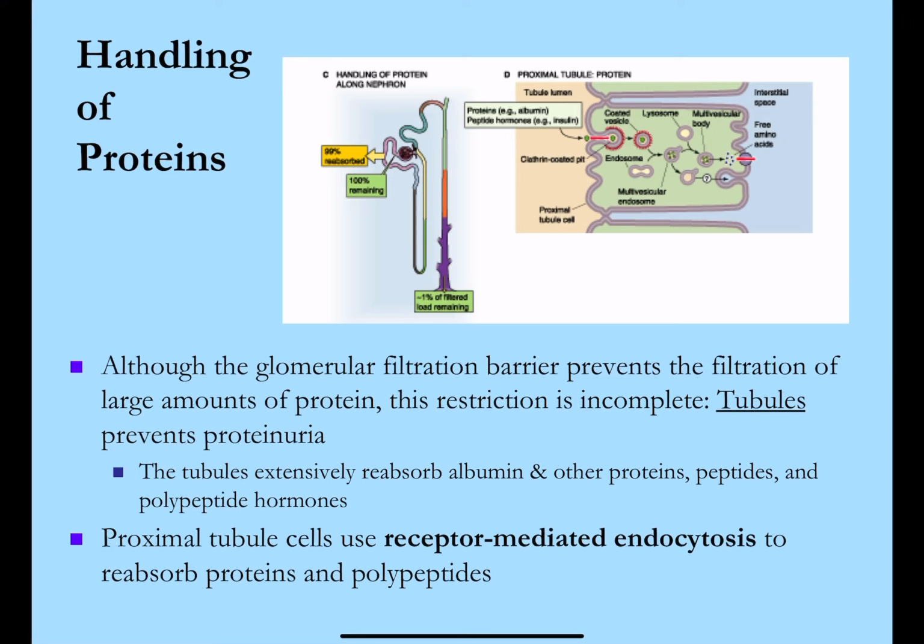And I wanted to underline it one more time, right? Although the glomerular filtration barrier prevents the filtration of large amounts of protein, this restriction is not complete, right? The tubules are the ones deciding who stays, who comes back from urine to the blood side, right? So the tubules are the ones preventing the proteinuria.